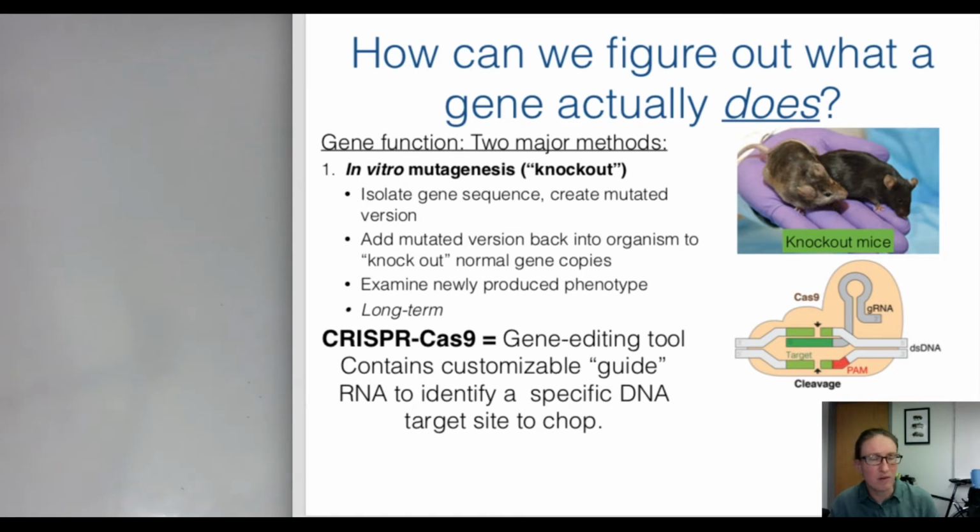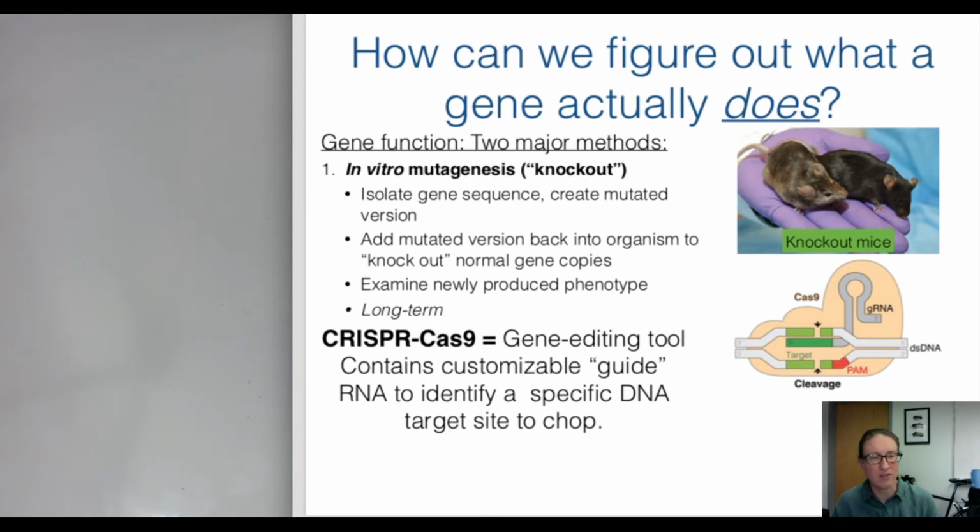The tools that we've been able to use to do this have developed very rapidly just in the last couple of years, which has also meant that we've gone from only being able to do these knockouts in a very small number of organisms, so mostly flies and mice, to now being able to do them in almost any organism.